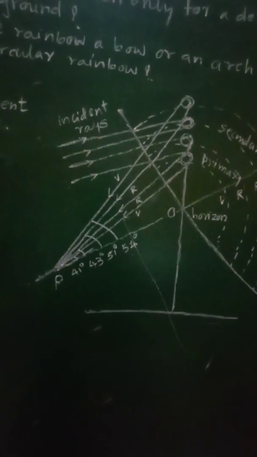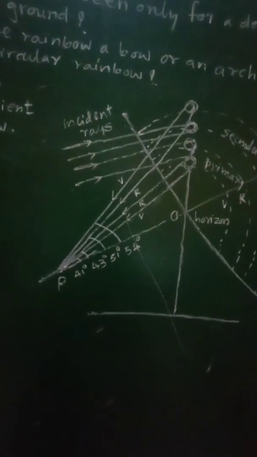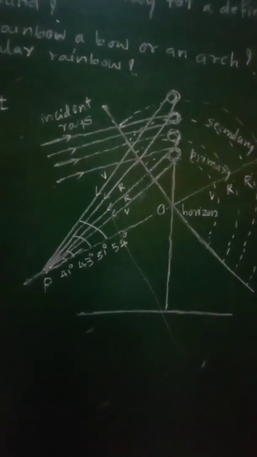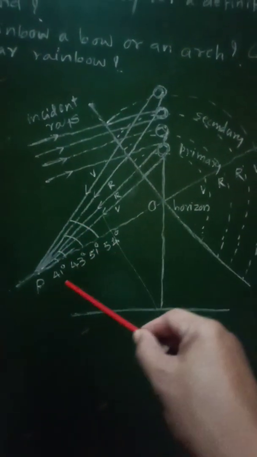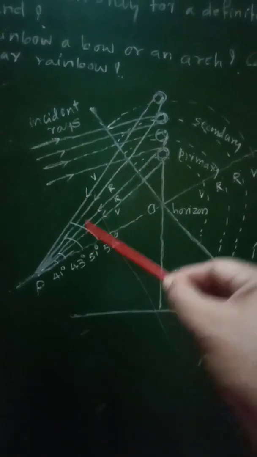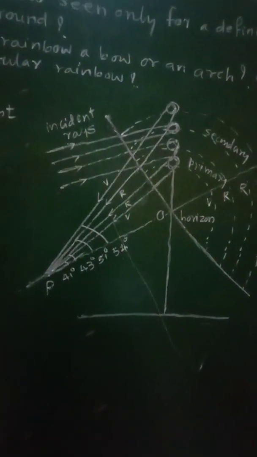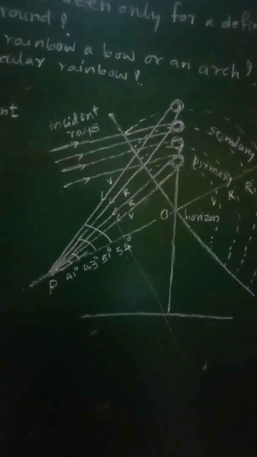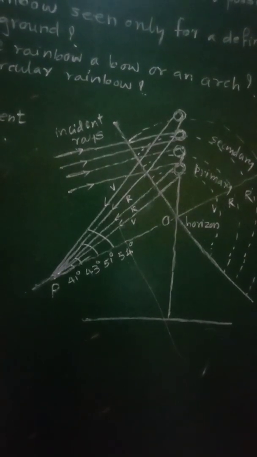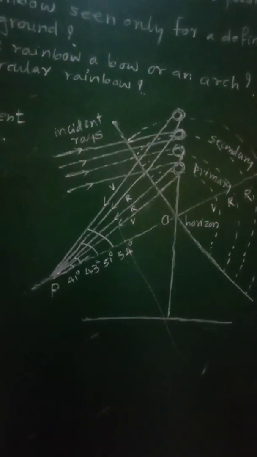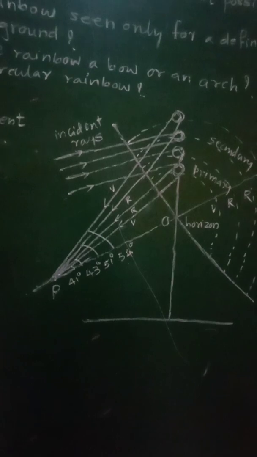If the observer moves up, at that time this line OP will move up, making the lower part of the arches visible.